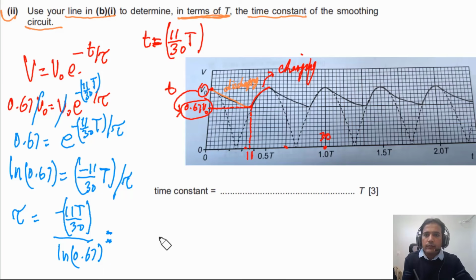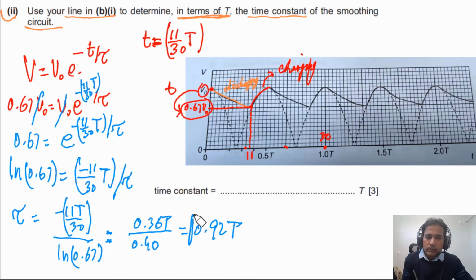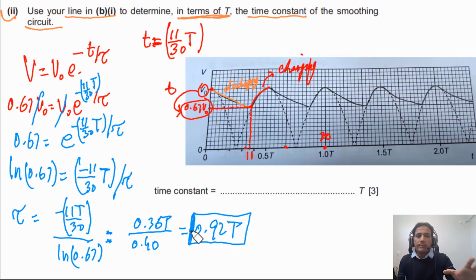Now if we plug in values, we will get in this case 0.36 T divided by 0.40, and if we simplify this one, we will get 0.92 capital T. So this is how we can find the value of tau. I mean, this is the time constant for the discharging capacitor. This is how we can figure it out.